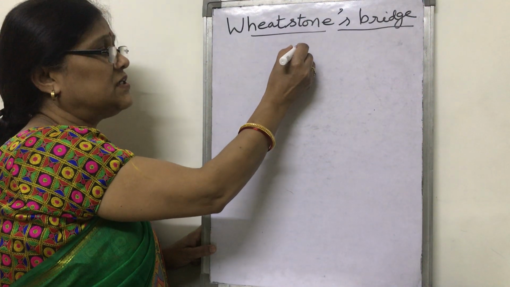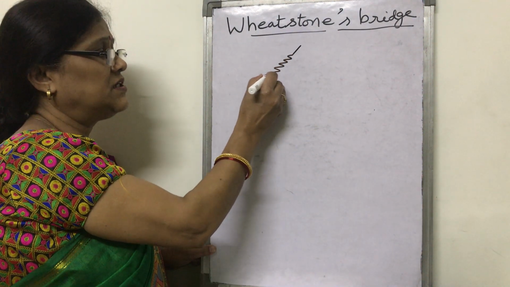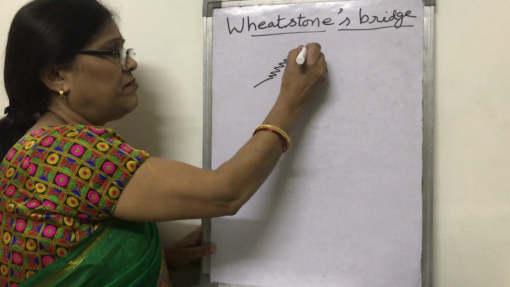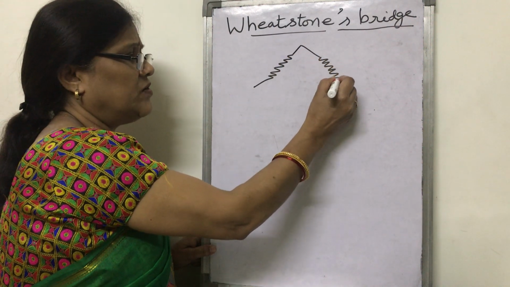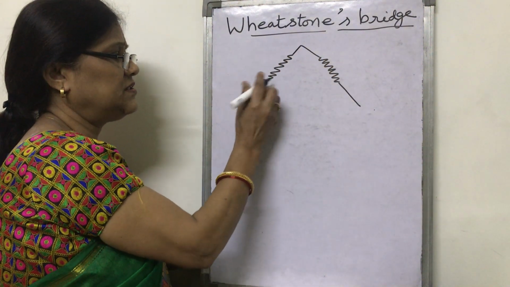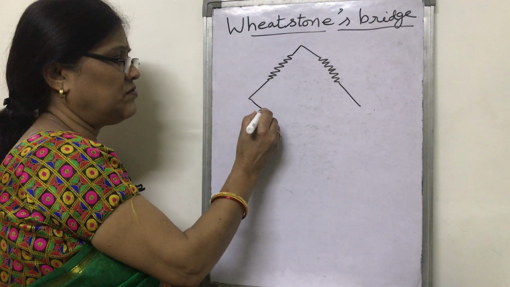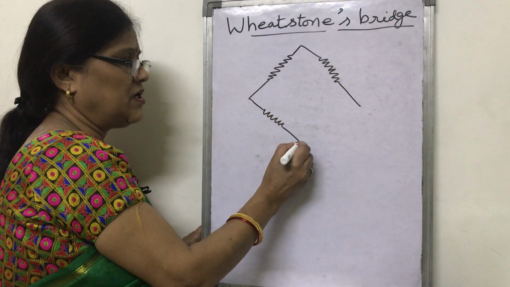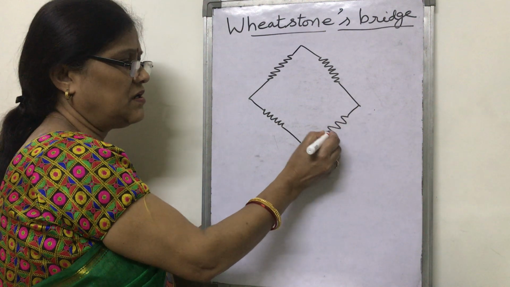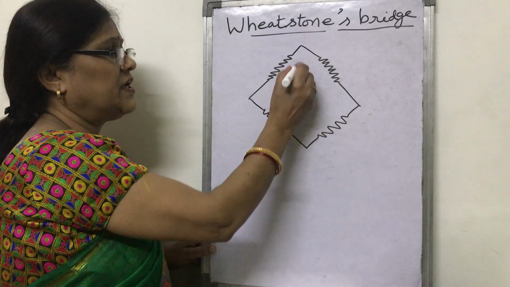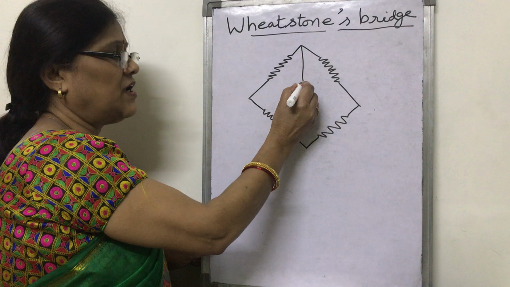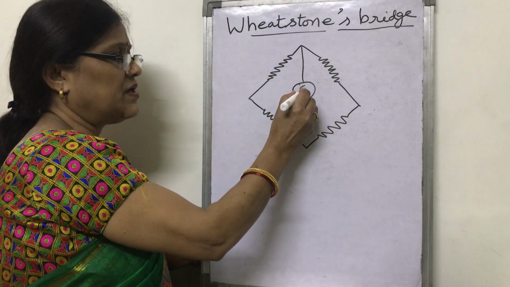If the 4 resistances are arranged in the form of a parallelogram or any quadrilateral, like this, and in one diagonal a cell is connected and in the other diagonal a galvanometer.